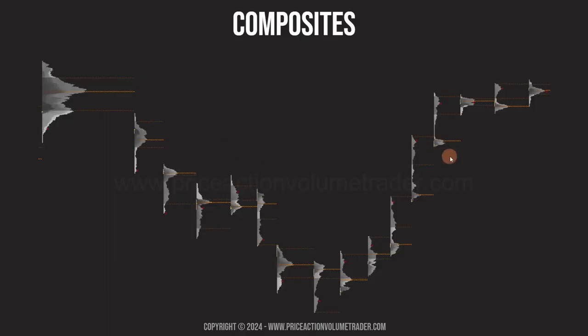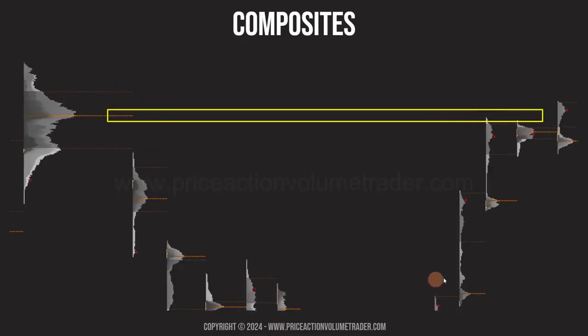So you can see right here, we created a composite from all those profiles that were back here. So we have a value area high, low, and point of control. And so when price is coming up, you can see how the high from this move was exactly right around the point of control from this composite of about 6 days that we had formed.